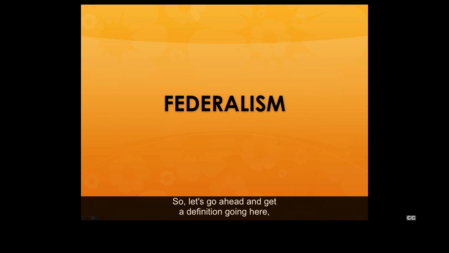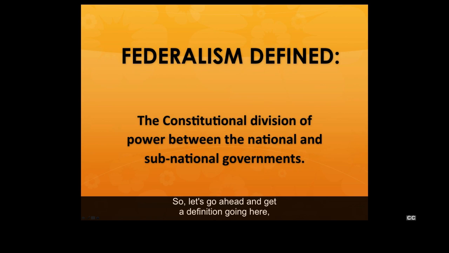Okay, so let's go ahead and get a definition going here, and that is, as you see on the screen in front of you, the constitutional division of power between the national and subnational governments. So federalism is this concept of divided power between a national and a subnational government.